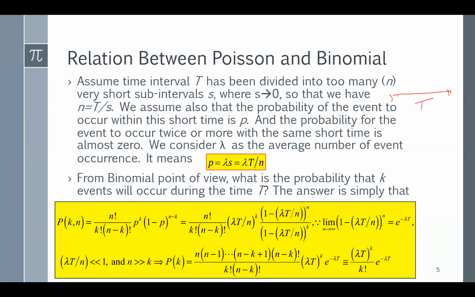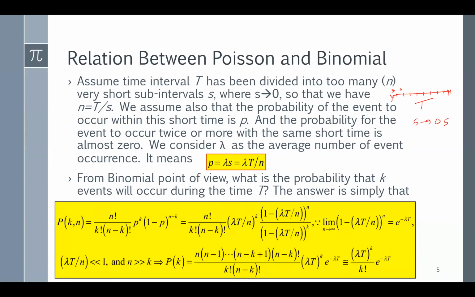What we did here is divide this time into short times, which I call S. Each one is S, and this is a very, very short time, so S is going to 0 seconds, very close to 0.